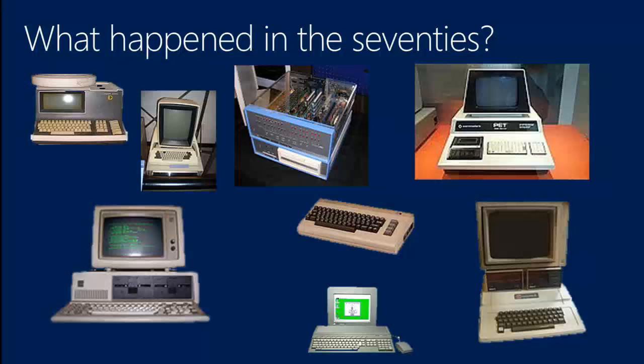But in the 70s, we were focused on hardware. You can look at pictures there. You will find a lot of screens, ugly monitors, small keyboards, strange computers, but hardware was the keyword.